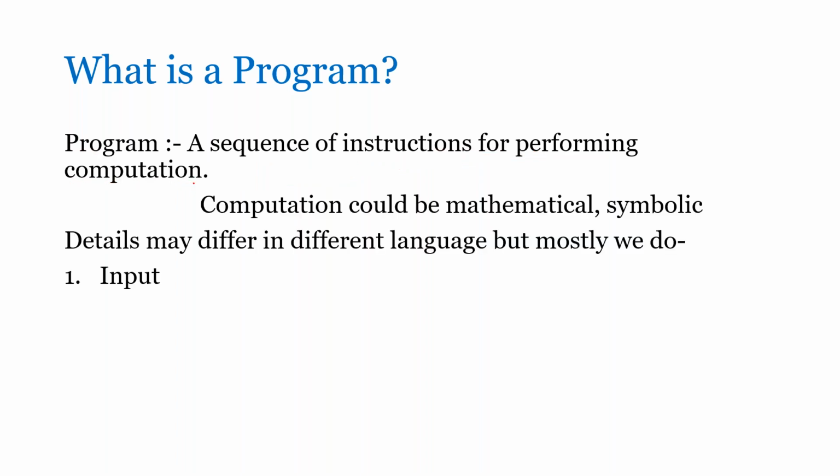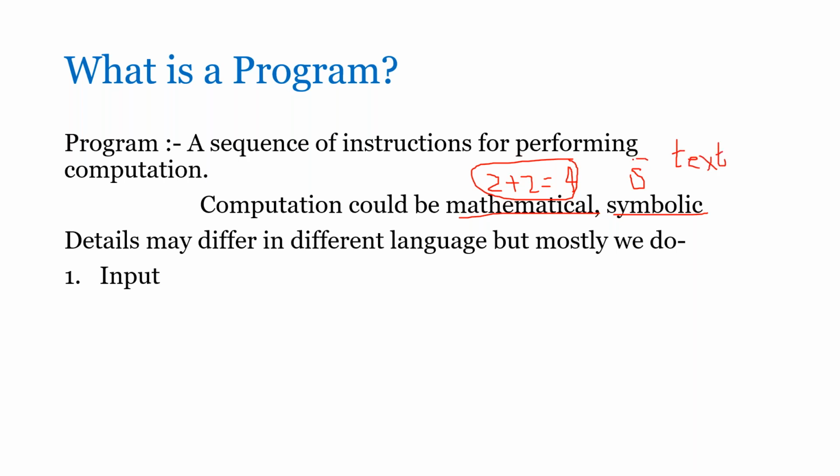Now that computation could be mathematical or symbolic. If you ask Python to add 2 plus 2, it gives you the result 4. This is one computation in mathematics, and Python will take time to compute this. But suppose you want to search for the letter S in your complete text, maybe a PDF or whatever file you have.